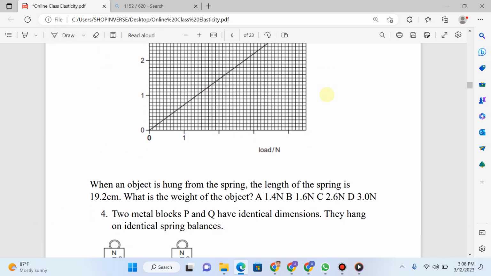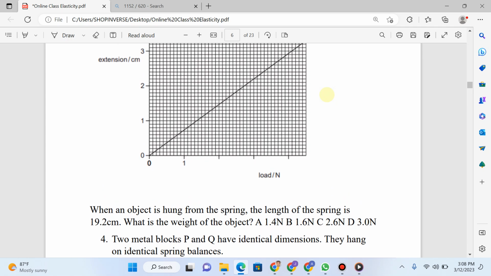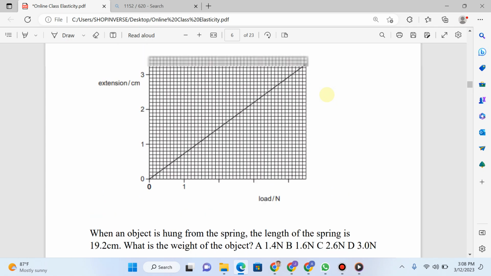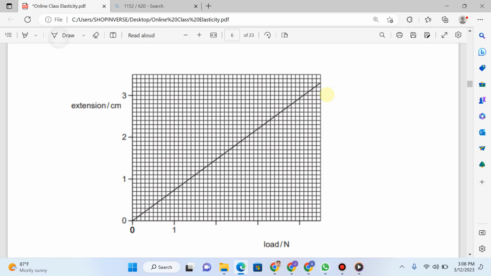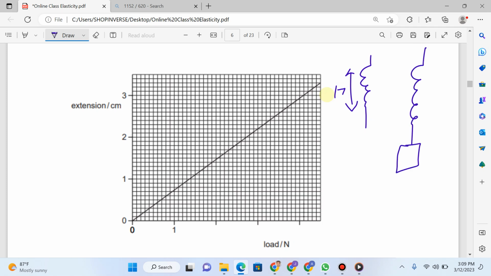When an object is hung from the spring, the length of the spring is 19.2 cm. So when you hang an object, this is what happens. Initially, we had a spring that has a length of 17 cm. Now you attach a load to this spring and it causes it to stretch, and now its length is 19.2.